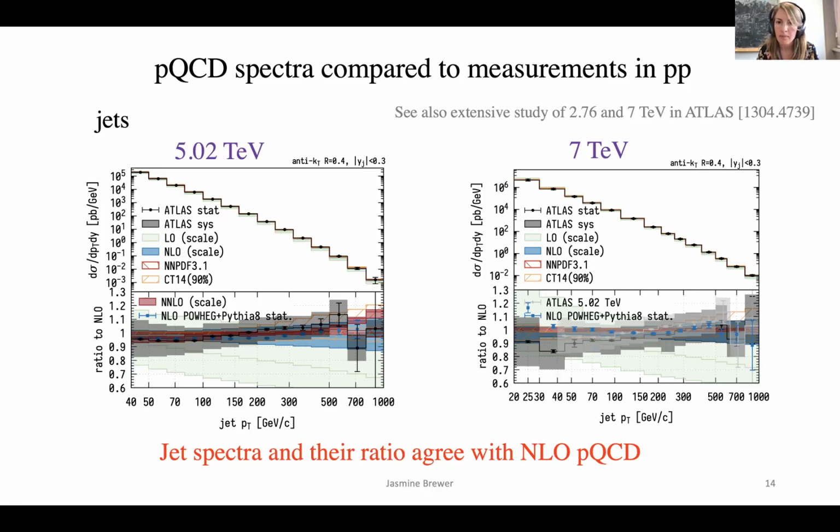So with this cross-check in hand, we can actually use perturbative QCD to try to estimate this correction factor for QCD spectra.